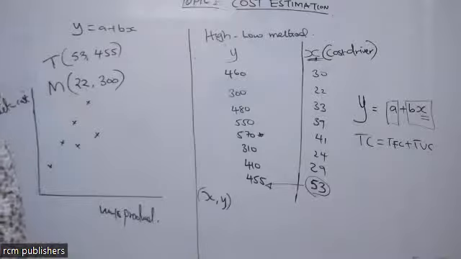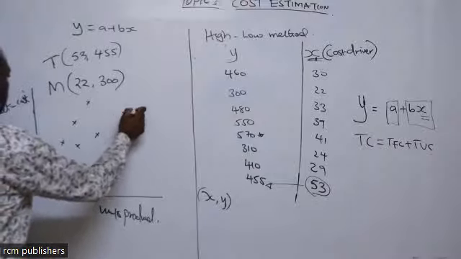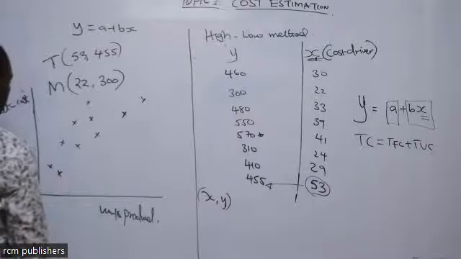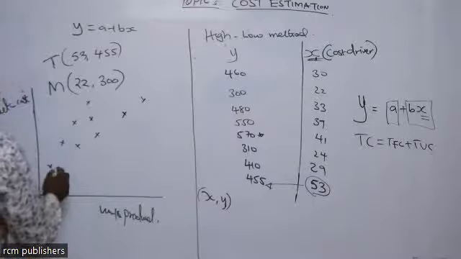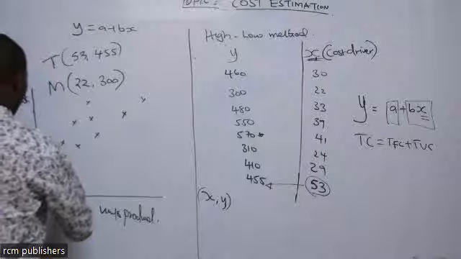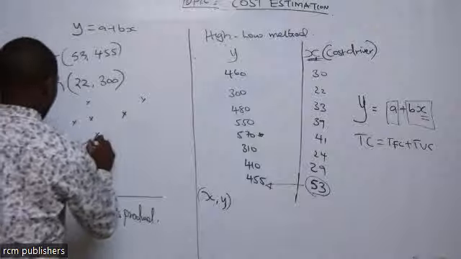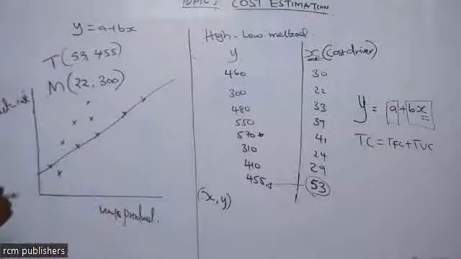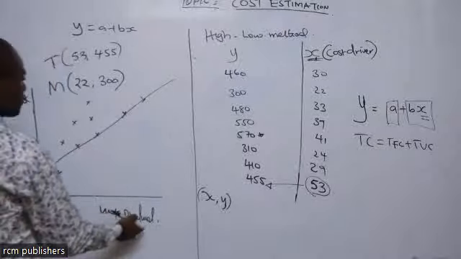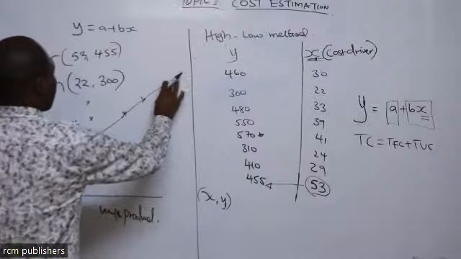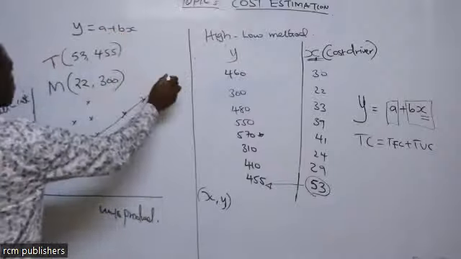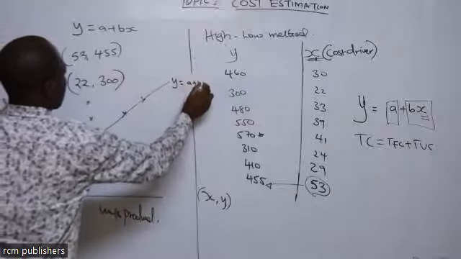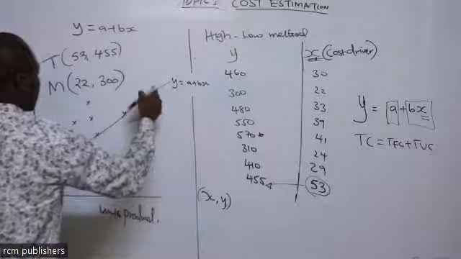You want to look for the line of best fit. Then you say this one here appears to be the line of best fit. So the total production cost against units produced is this one here. That is the line, which is equal to y equals a plus bx. This is what we are looking for, this unknown.